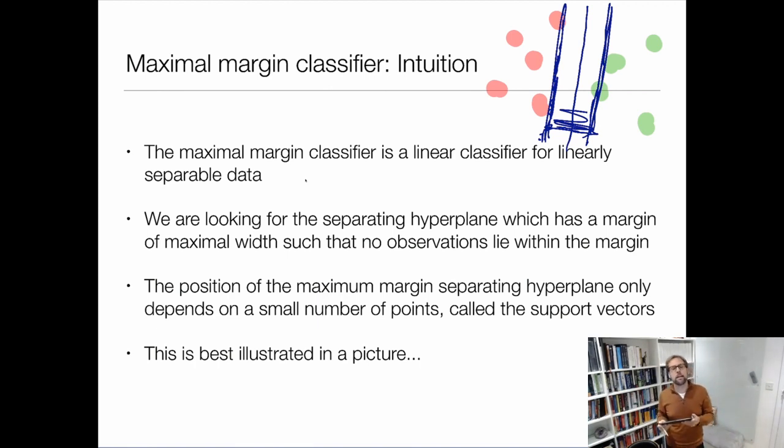So one very specific separating hyperplane could be the one where I have the largest margin, and I could use this, for example, as a classifier, because now if I find this one, I can say, well, everything which falls to the left of it I will classify as cancer, and everything to the right as no cancer.